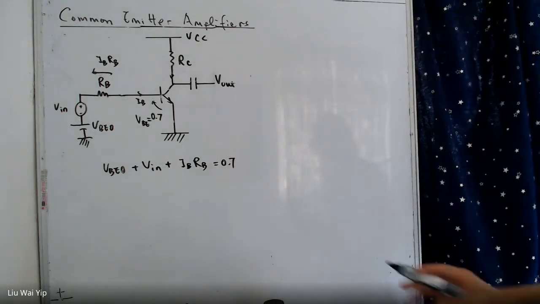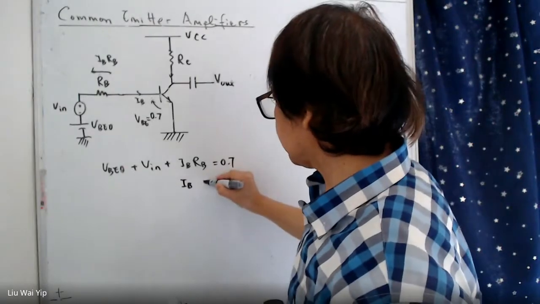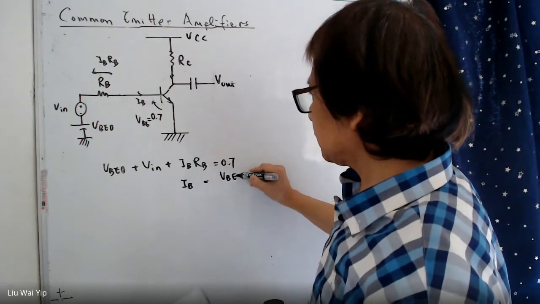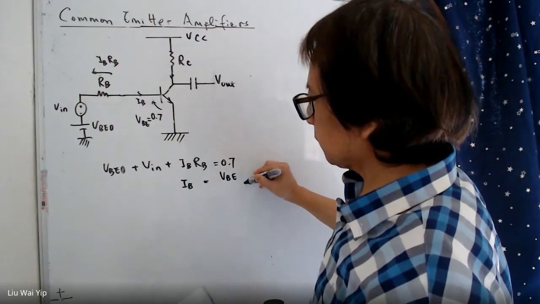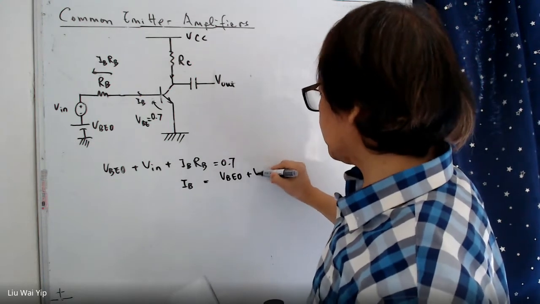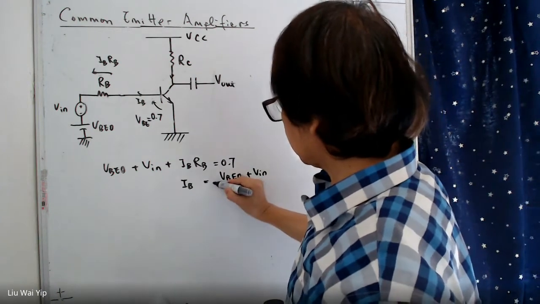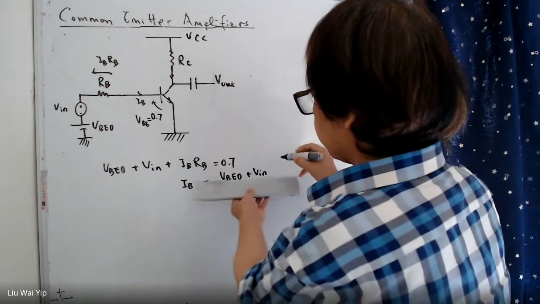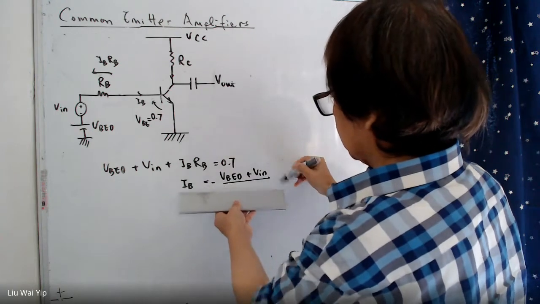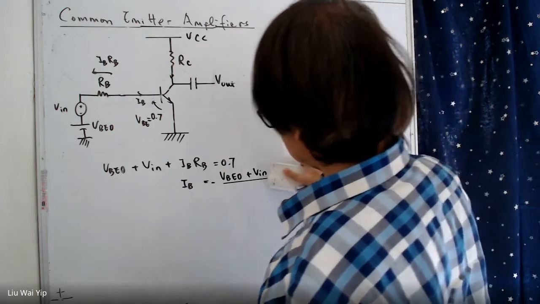So in this case, IB is equal to VBE naught plus Vin, sorry, minus... this is not a good idea.